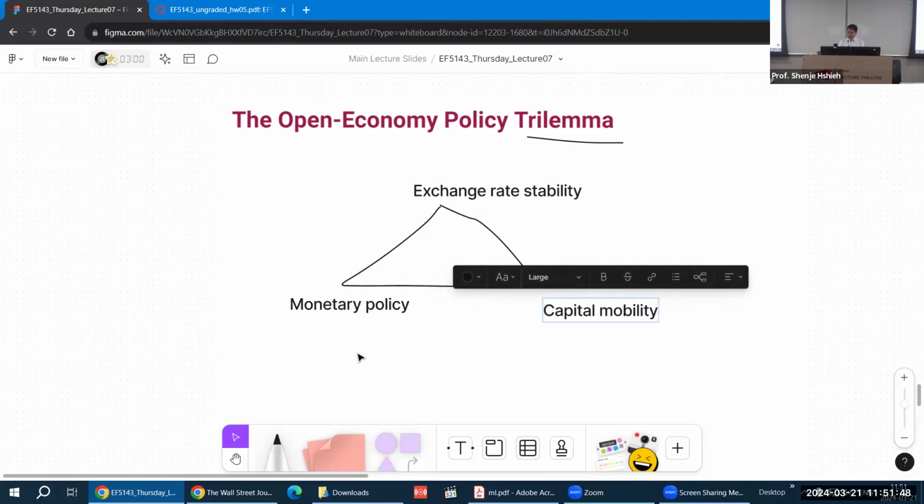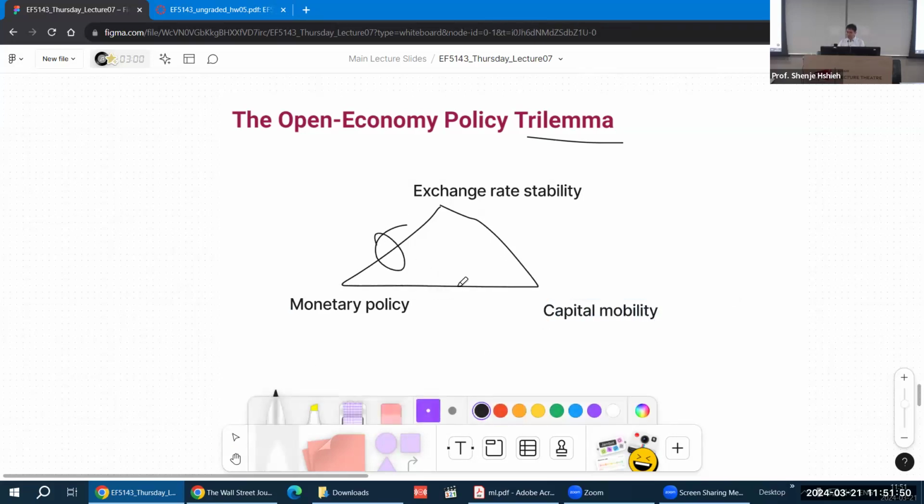All three cannot be satisfied, which means you can only choose one edge, right? So if you choose exchange rate stability and capital mobility, that's Hong Kong. If you choose exchange rate stability and monetary policy, that's China. If you choose monetary policy and capital mobility, that's USA.